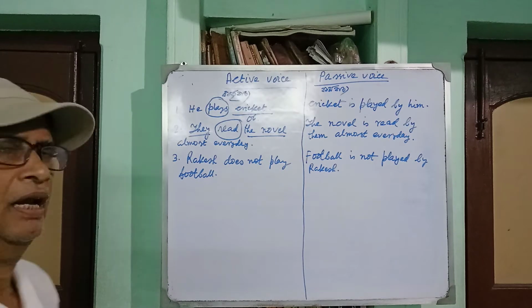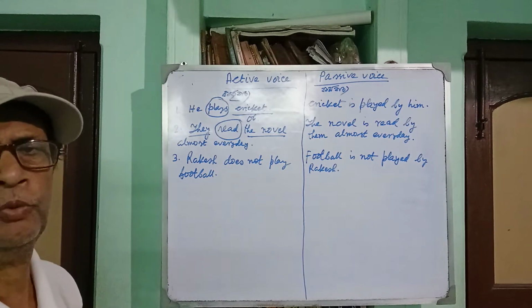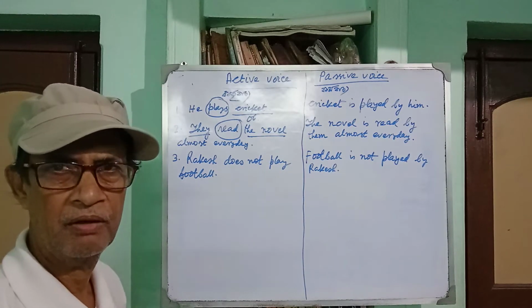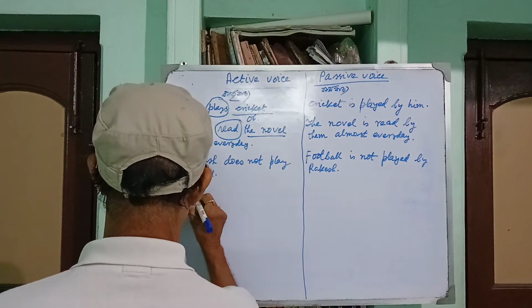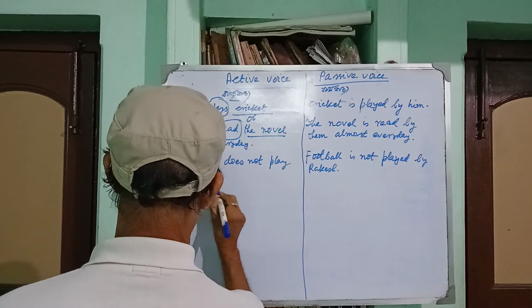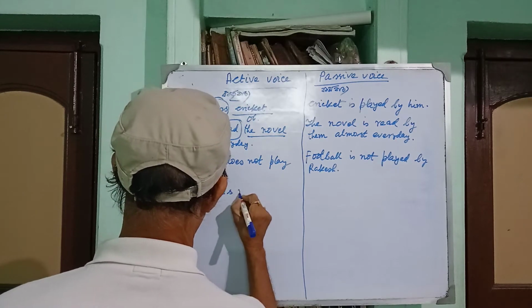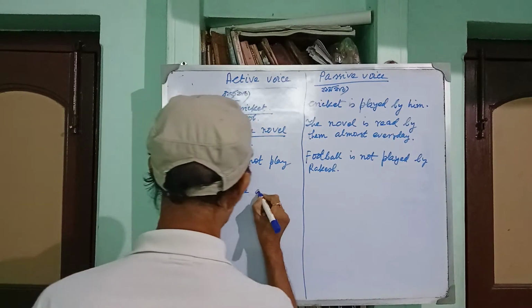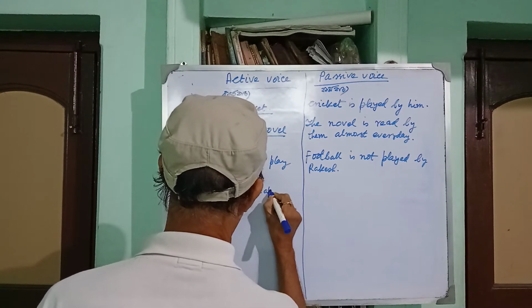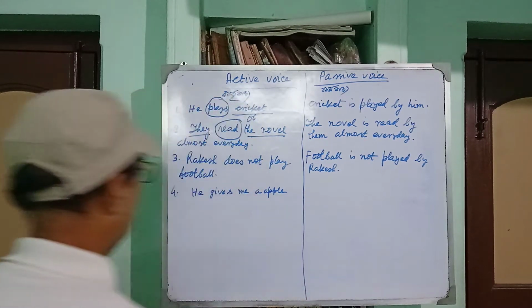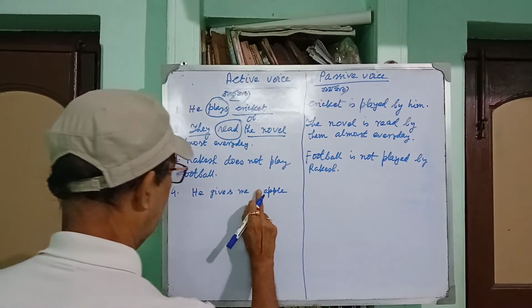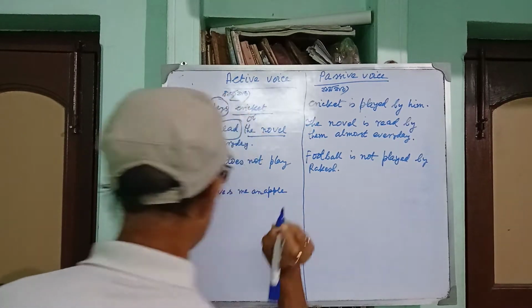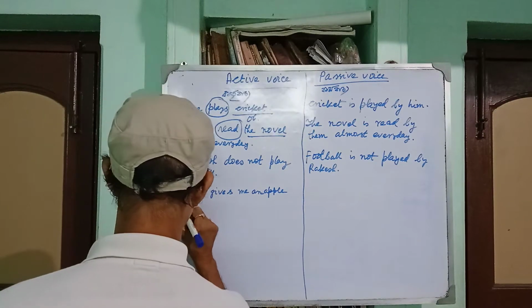Now let us take a sentence with two objects. For example, number 4, he gives me an apple every day.